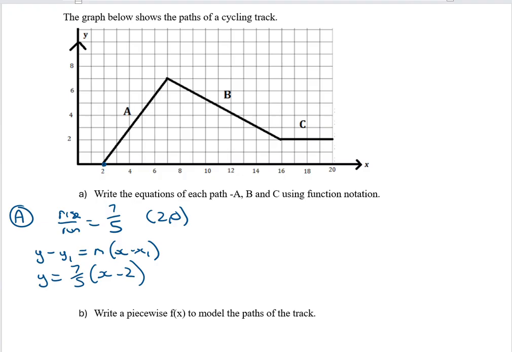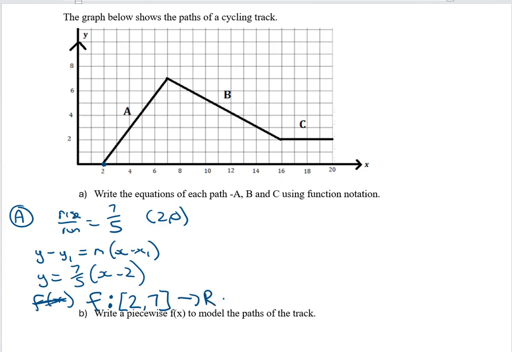I'm going to rewrite this now, but in function notation. So I've got here my first function is described by the domain, and in this case our domain is between 2 and 7. So I'm just going to put that in, 2, 7.